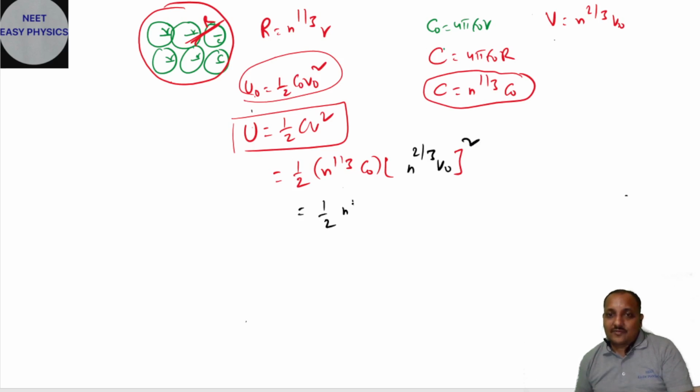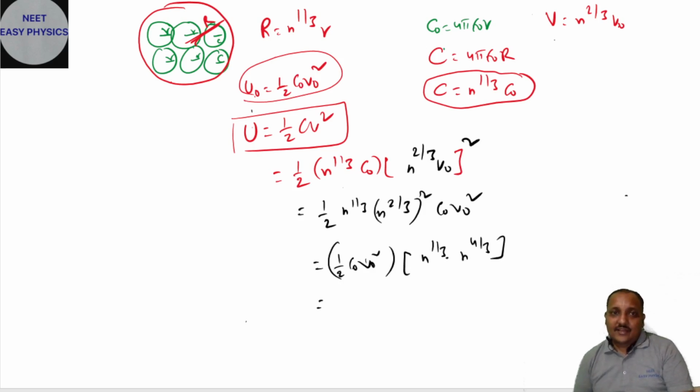So half n power 1 by 3 into n power 2 by 3 whole square C naught V naught square. Therefore half C naught V naught square into n power 1 by 3 n power 4 by 3. So the final equation we get is n power 5 by 3, since 1 by 3 plus 4 by 3 is 5 by 3, into half C naught V naught square, which is U naught. Therefore, energy stored in the bigger spherical capacitor is n power 5 by 3 U naught.